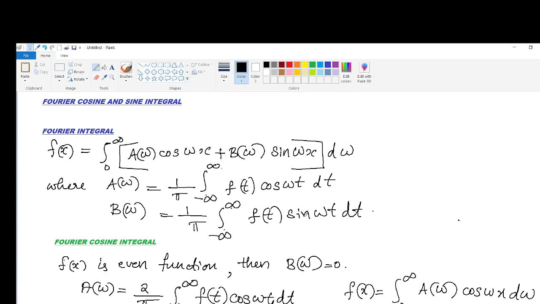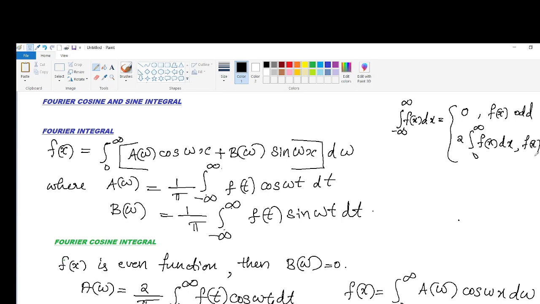So the product of an even and an odd function is odd, and we have the result: integral from minus infinity to infinity f of x dx equals 0 when f of x is an odd function, and equals 2 times integral 0 to infinity f of x dx when f of x is an even function. So here we will have b(ω) equal to 0.